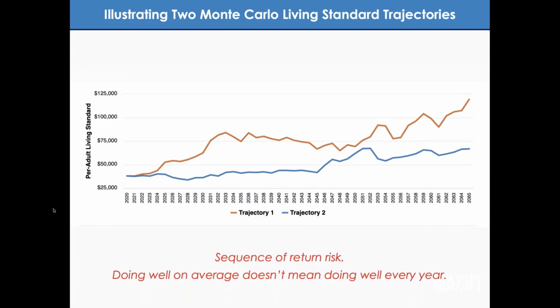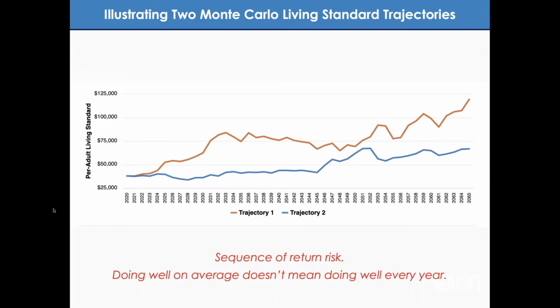Look at this top orange trajectory. The individual is doing well for a while, and then they start getting low returns, and they have to adjust their spending down. That's why their living standard, which is being charted on the vertical axis, the per adult living standard of the household, and the horizontal axis is just the year.